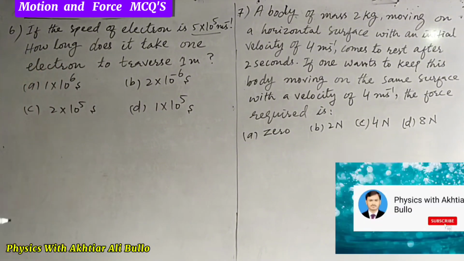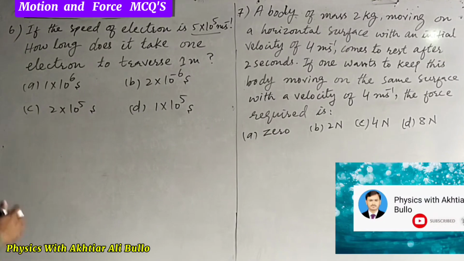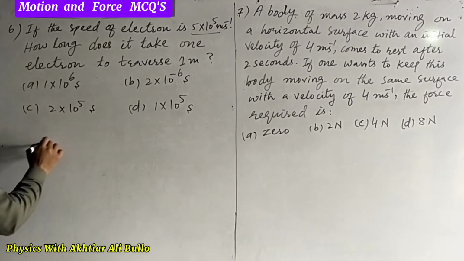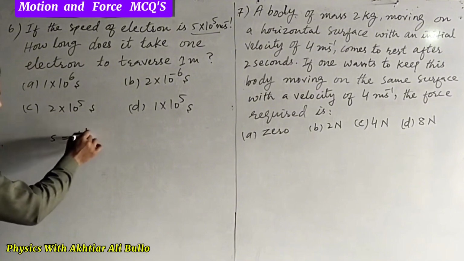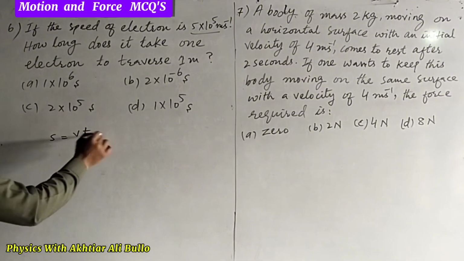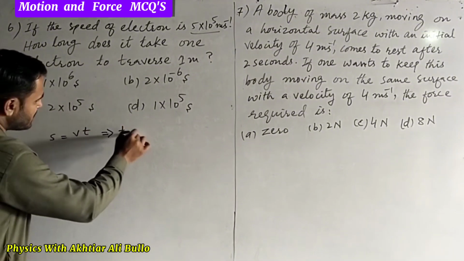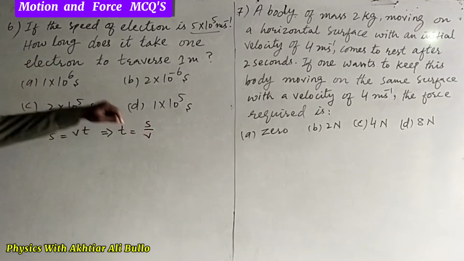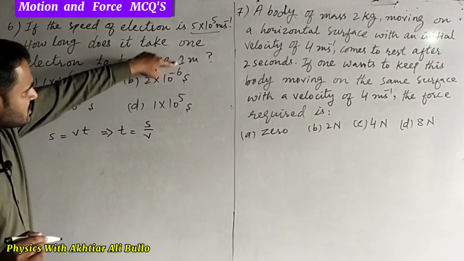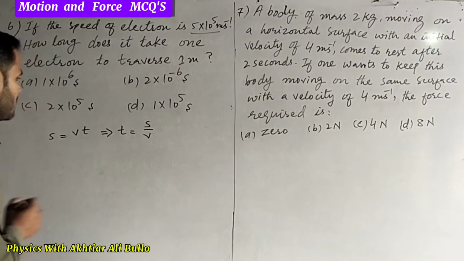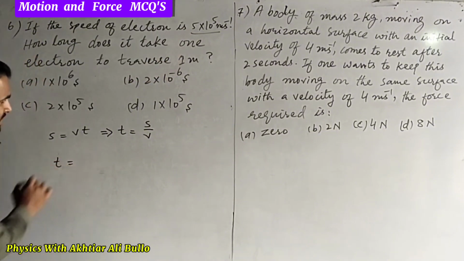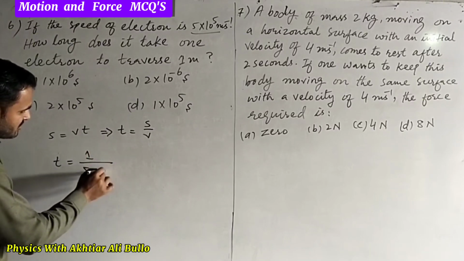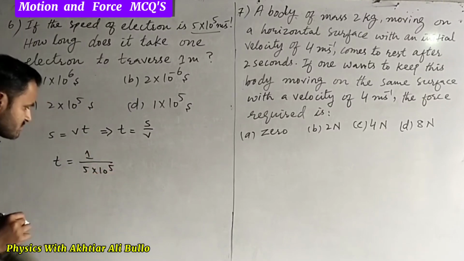So we have to calculate the time. To calculate the time, we will use the distance formula S is equal to V into T. So T will be equal to S upon V. Here S is 1 meter and V is 5 into 10 raised to power 5. So T will be equal to 1 divided by 5 into 10 raised to power 5.